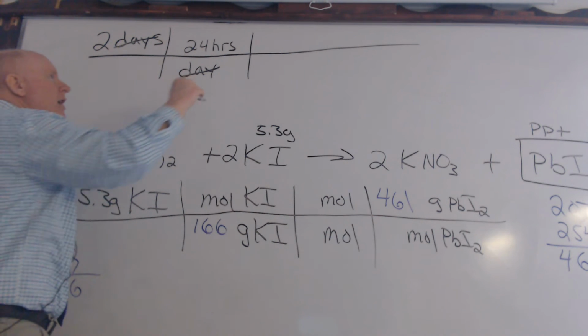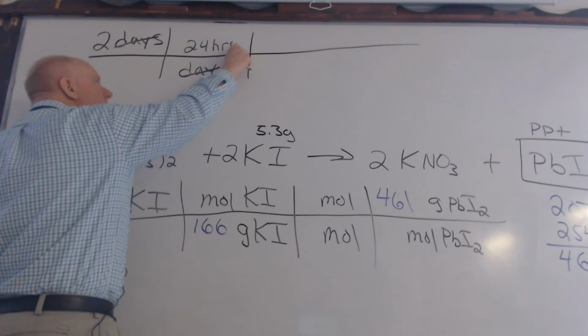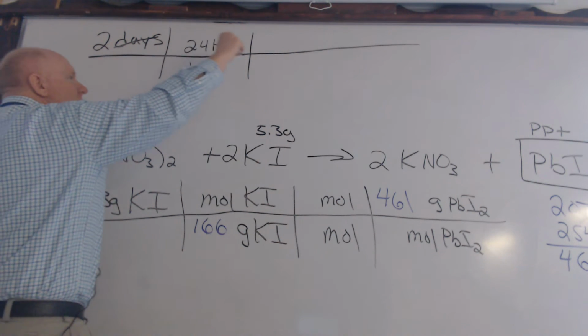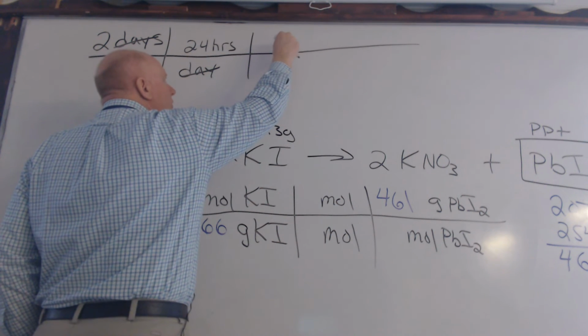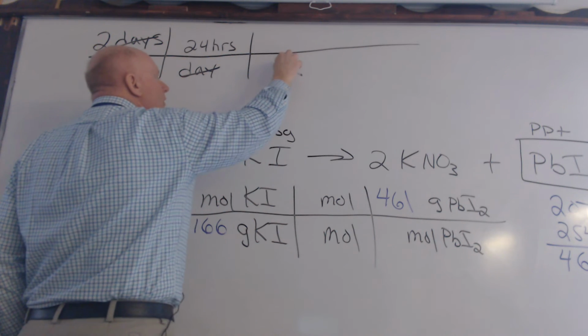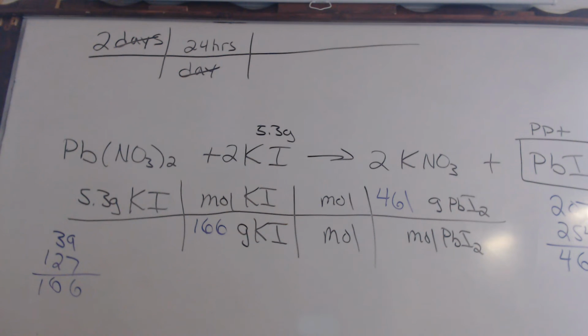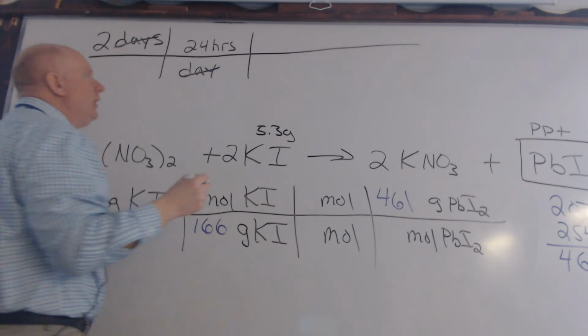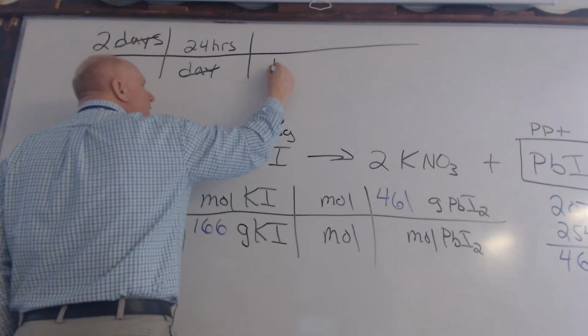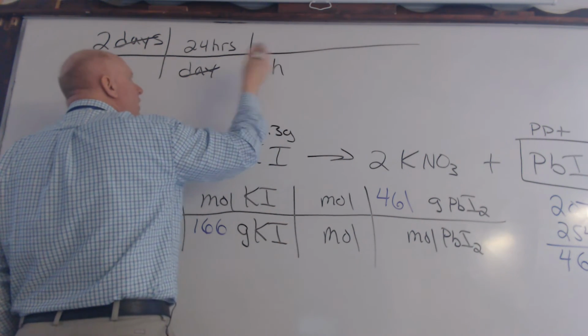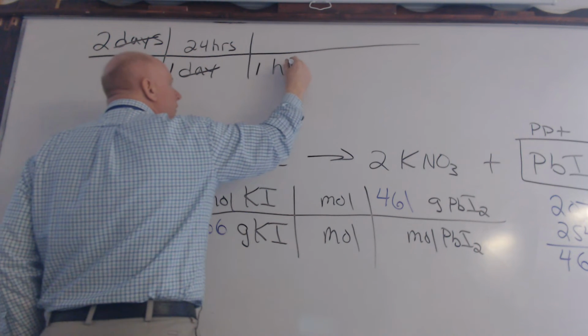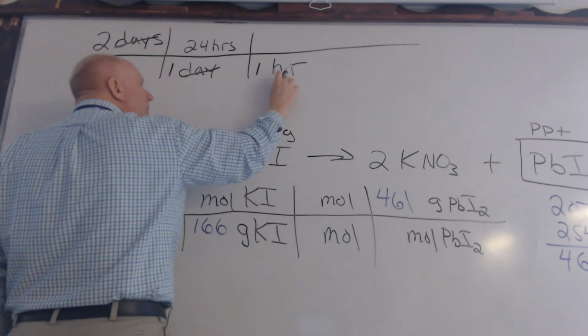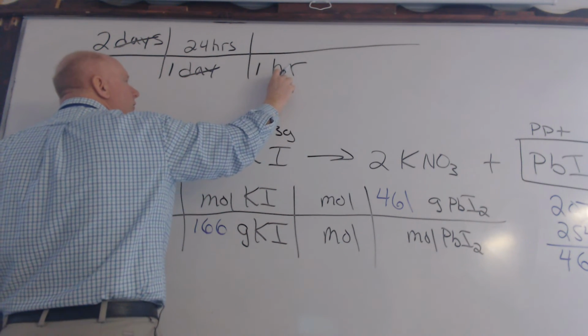So if we want this hour to cancel out, just like we did with the days, would hours go on top or on the bottom? It would go on the bottom. So for every hour, you could put 1 in front, like you could here as well. For 1 hour, how many minutes are there?